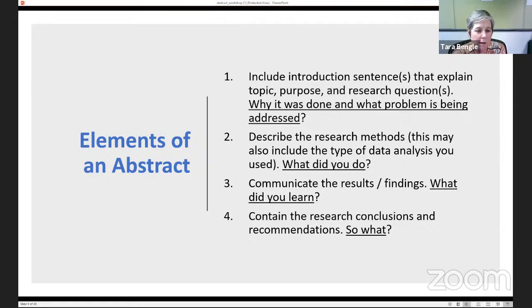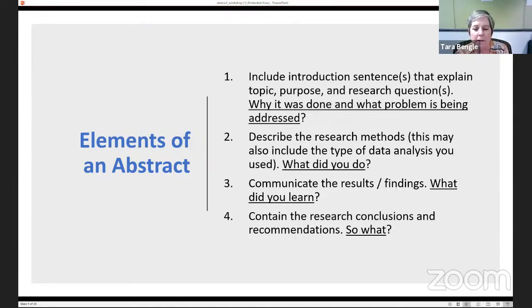You're then going to talk about the methods. The methods is what you actually did for your research. How were you able to address this question or this problem that was proposed? What type of data did you use, and what was the analysis that you did?